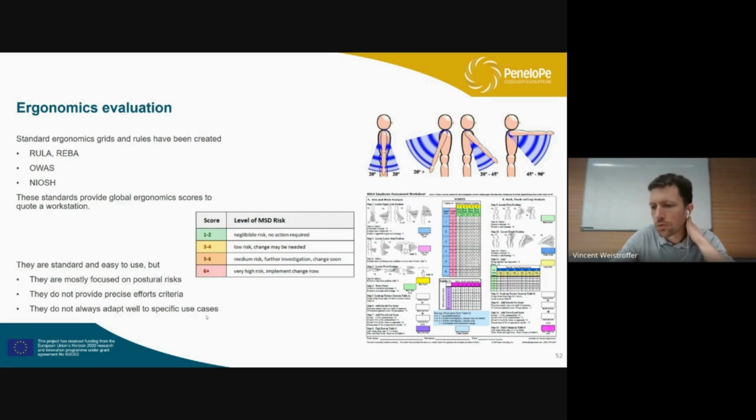What I mean is that mostly in the industry, specific industry partners will get inspired by these grids, but they will adapt them and invent new grids that are really dedicated to their own use and to their own workstation and to their own field of study, okay? So these are only standards to give some general scores.